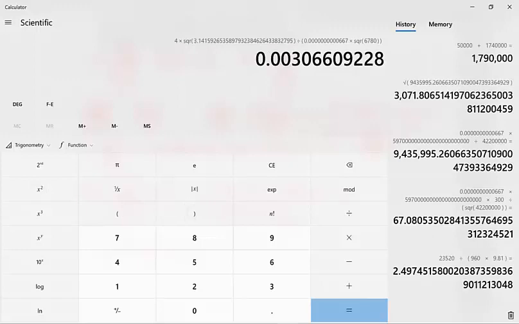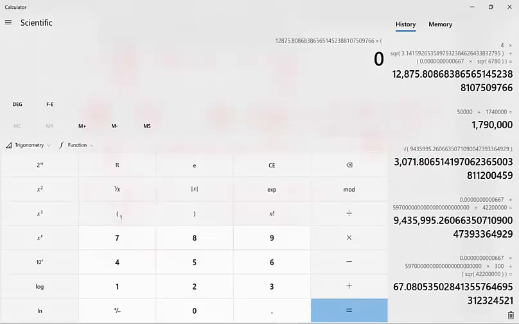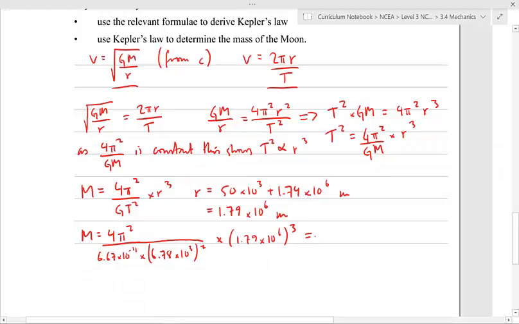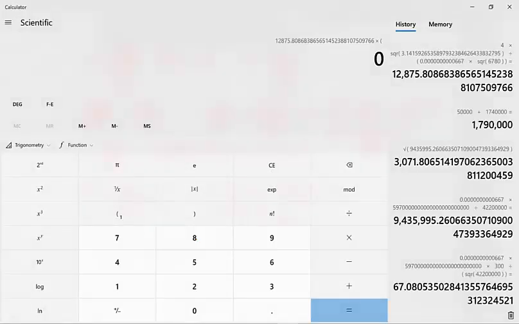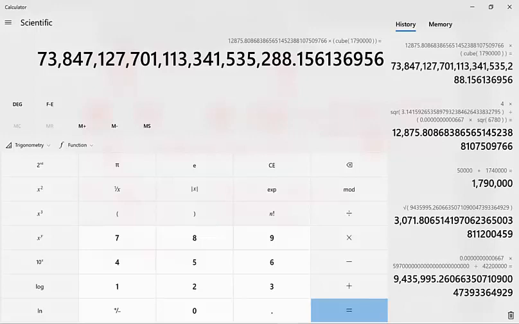And we'll close that bracket, and then we want to multiply that by 1.79 times 10 to the 6 cubed, which equals a very big number.